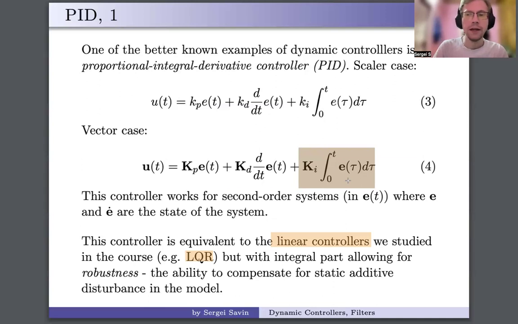So that is the idea for the PID controller. Except for this term, everything else is exactly the same as what we have seen before. But this term is quite important for practical reasons, because you always have those small errors in the models. So people always add those terms to compensate for them, right?